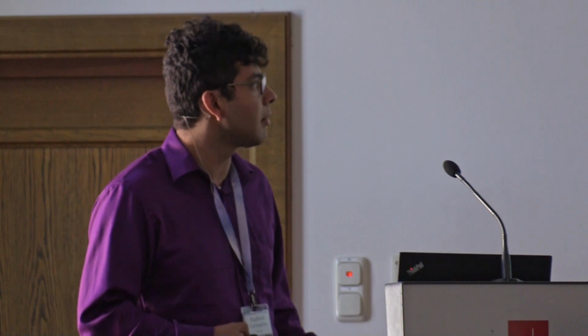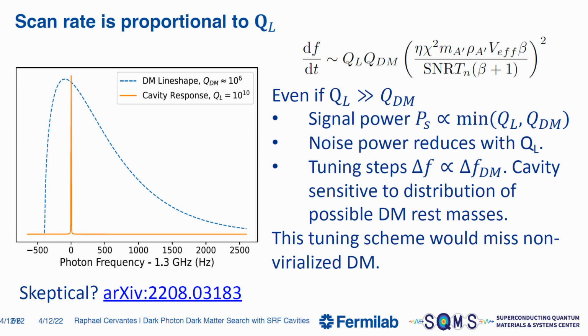As you can see, here's a comparison between a dark matter halo and your cavity bandwidths. It's been common wisdom in the community that in this regime, you don't win by going to higher quality factors because you're sampling a smaller fraction of the dark matter halo.